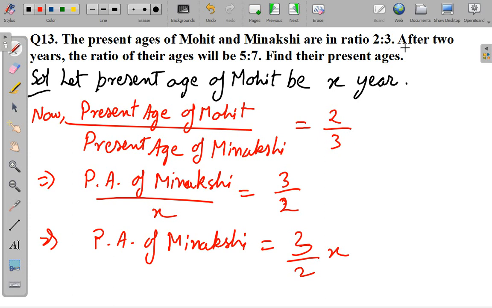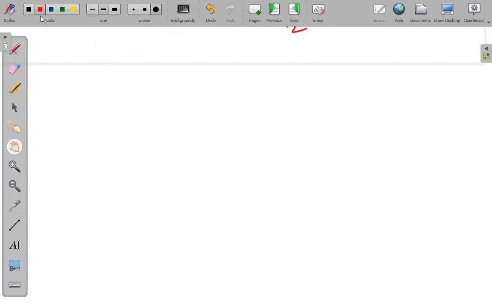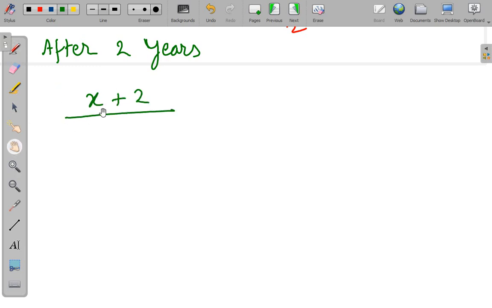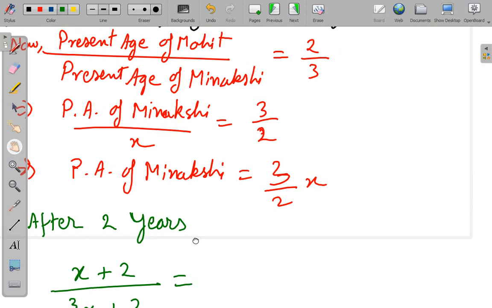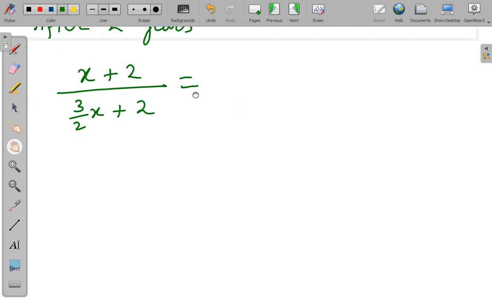Now, reading the question further, after 2 years, the ratio of their ages will be 5:7. So what will be happening after 2 years? The age of Mohit will increase by 2, and the age of Meenakshi, which was 3 by 2x, will also increase by 2 years.